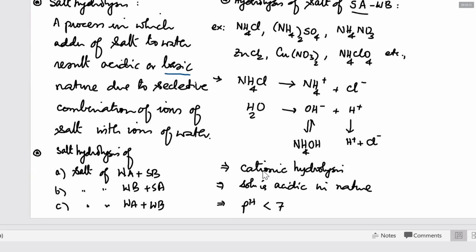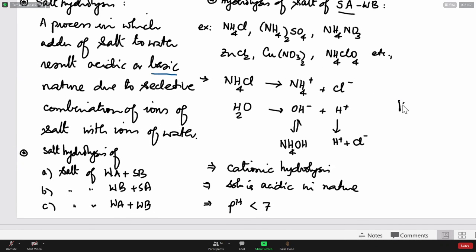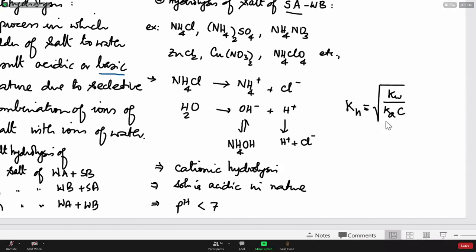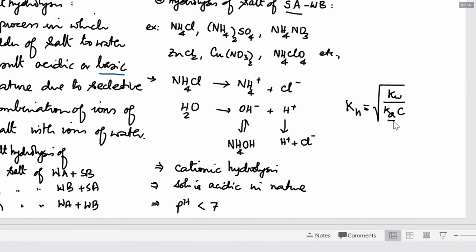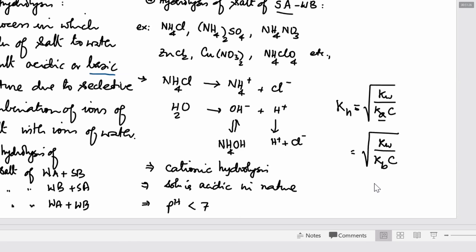That is my job. What is your job? Write down all the things systematically, and then get the expression for h, the expression for KH, right? KH is equal to under root KW by KA into C, if the acid is weak. If the base is weak, KW by KB into C. Then here we have an acidic solution.